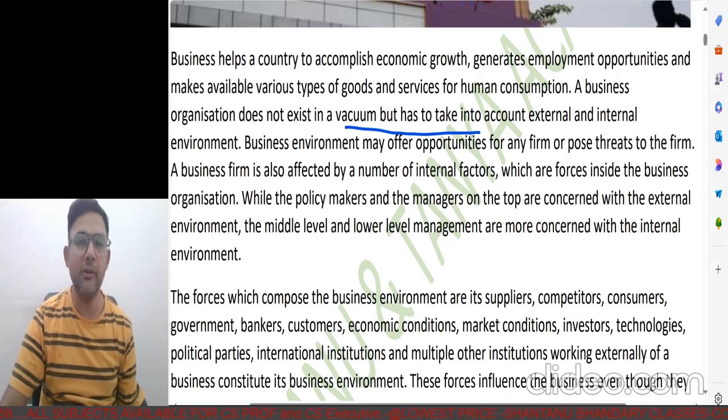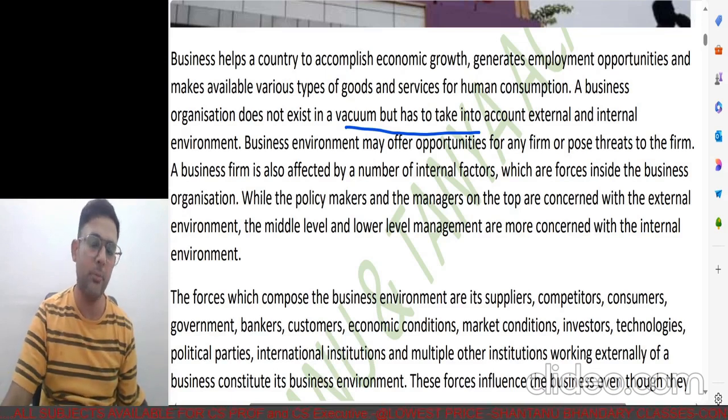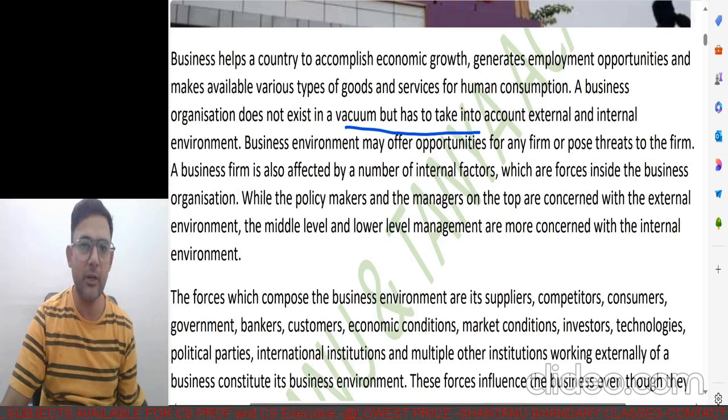The middle level and the lower level may not be bothered about what the competitors are doing and what they need to do to answer them. This is something for the top executive to decide: what should be the next strategy, what should be the strategic move. So everybody has their own role in the organization, and we need to abide by it.